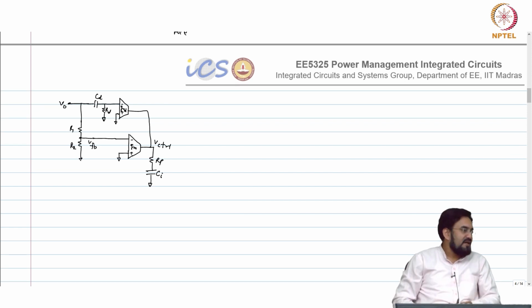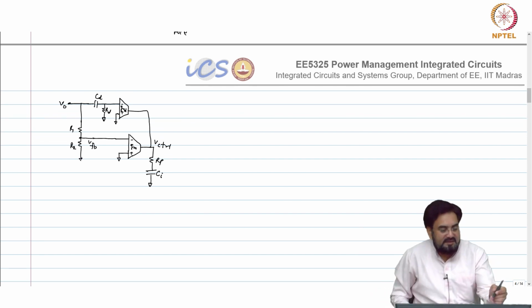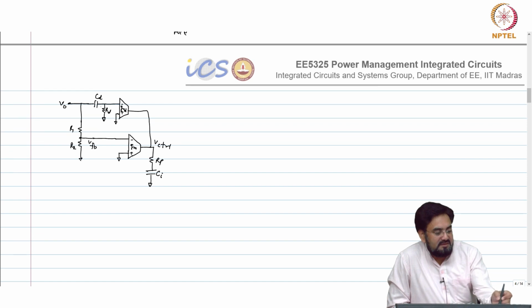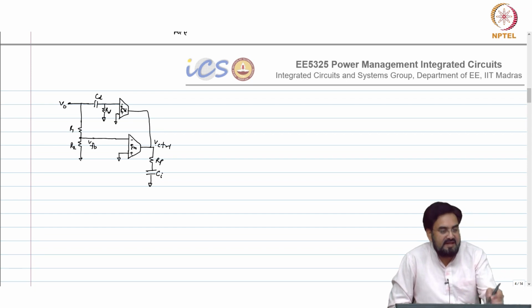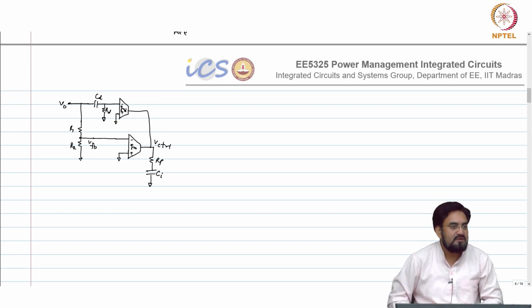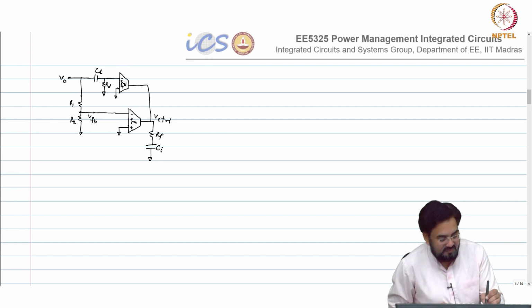RDCD is in my control, so I can choose RDCD in such a way that this pole is pushed outside, and when the derivative component through RDCD passes through the GM, this will get added here and will give me a 0. So you can derive the transfer function of this and find where exactly the poles and zeros are.